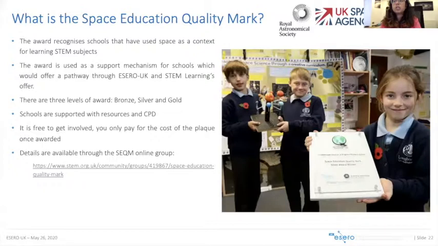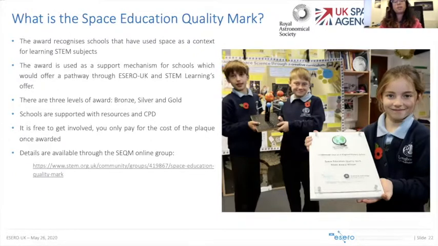So some of the things that you can do in primary and secondary schools in terms of space education. First of all is the Space Education Quality Mark, which is a piece of coursework or evidence for using space in your teaching. There are 3 levels of award: bronze, silver and gold.